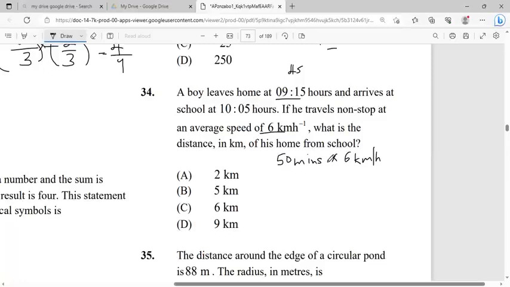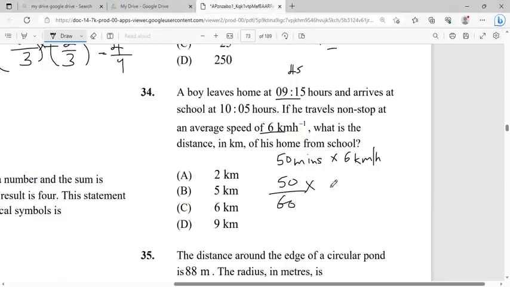What is his distance? Now, distance is equal to speed times time. But guess what? This is a minute, this is a minute, this is an hour. So you don't reach 1 hour yet. So it has to be 5. All right, so 50 minutes would be the same as 50 over 60, right? It doesn't reach an hour.